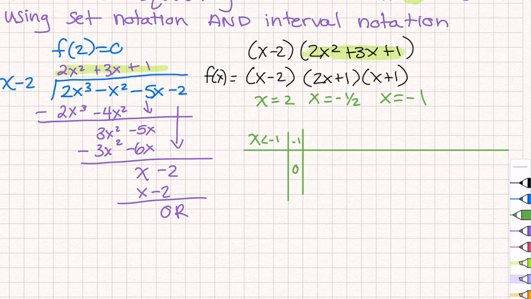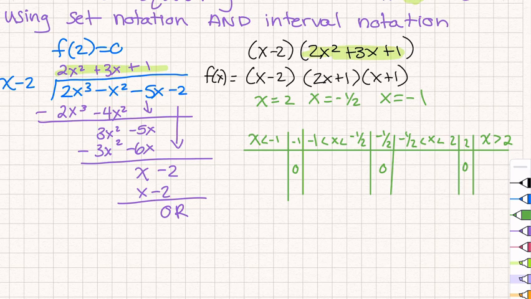We're going to look at when x is in between -1 and -1/2. We know when x is -1/2, it's going to be 0. And then we're going to look at between -1/2 and 2. We know when x is 2, it's going to be 0. And then we're going to look at when x is greater than 2.